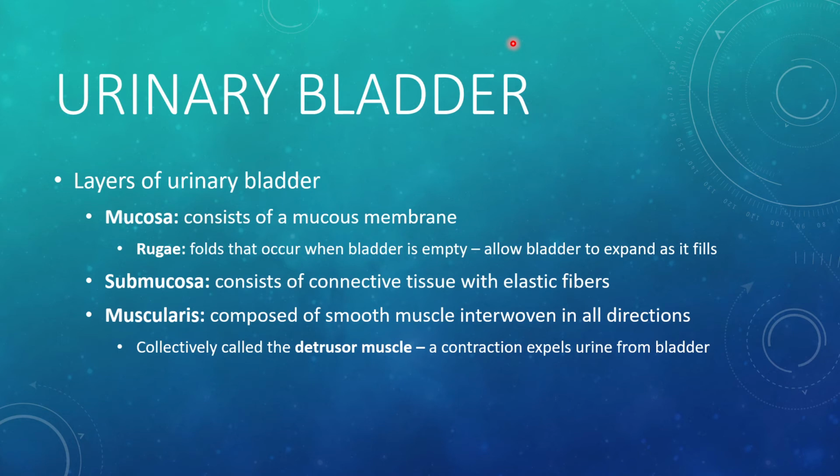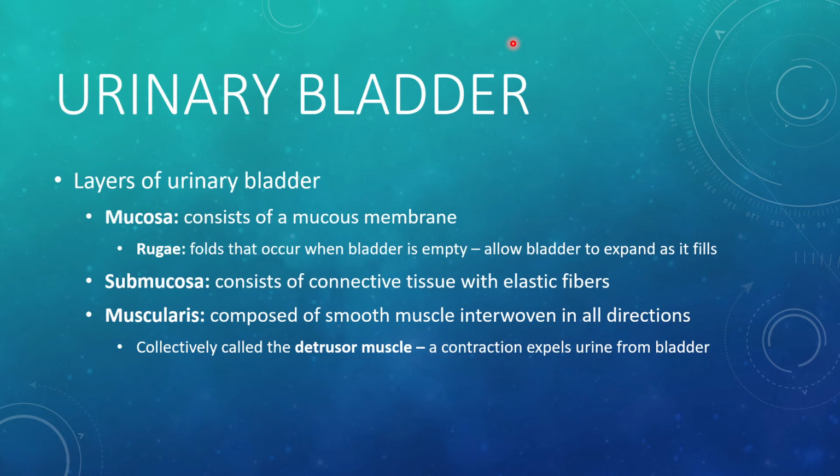The layers of the urinary bladder are very similar to the ureters themselves, at least in some regards. There's a mucosal membrane on the inside of the bladder, so we're going from inside to outside, consisting of a mucous membrane called the mucosa. Rugae are the term for the folds that occur when the bladder is empty and allow the bladder to expand as it fills.